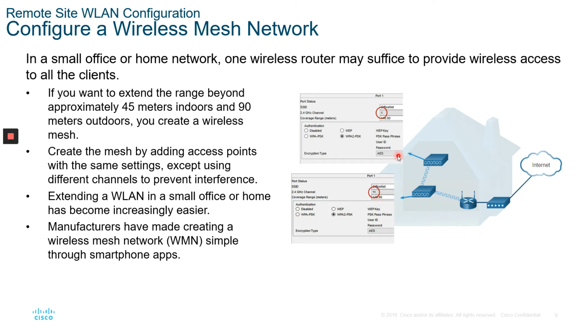For example, in this figure, for the port 1 the channel is number 1, and for the other one it is number 11. So you can change the channel, but the SSID should remain the same. These are the settings you have to do if you want to install a number of access points on your network.